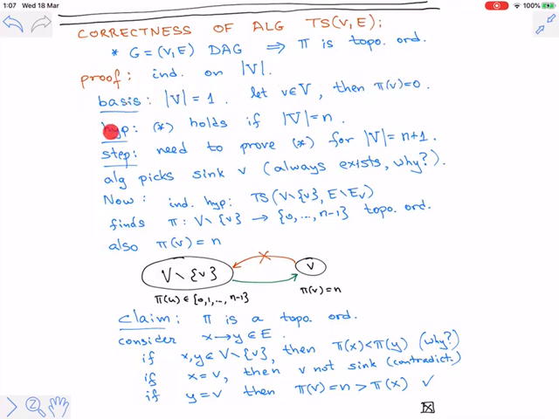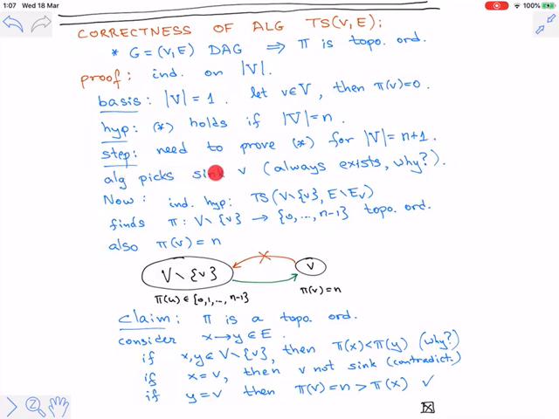Okay. The induction hypothesis says that what we need to prove, this star, holds if the number of vertices equals n. Now we want to prove the induction step, namely we want to prove that the claim denoted by star holds for graphs that contain n plus 1 vertices. Good. So now let's see. What does the algorithm do?